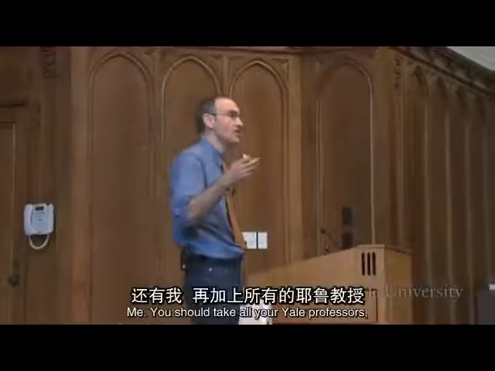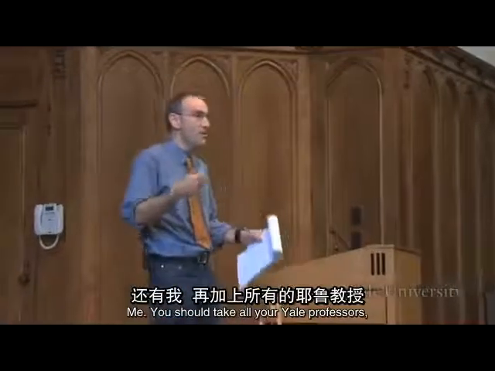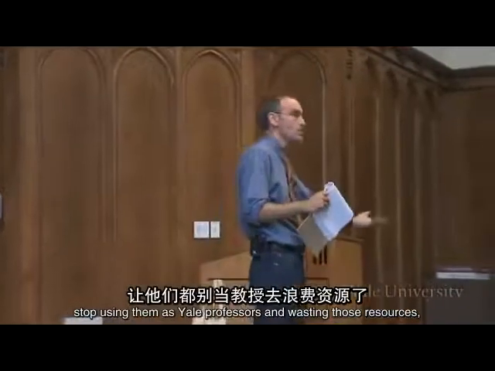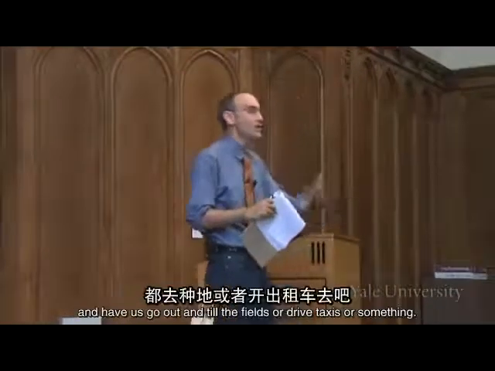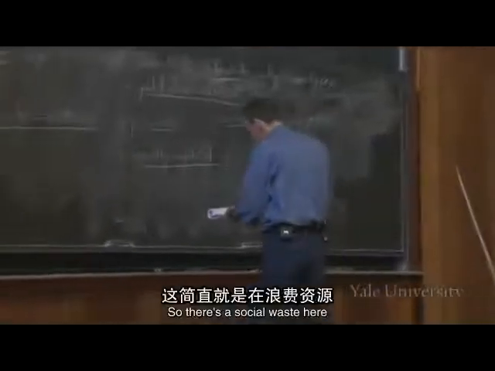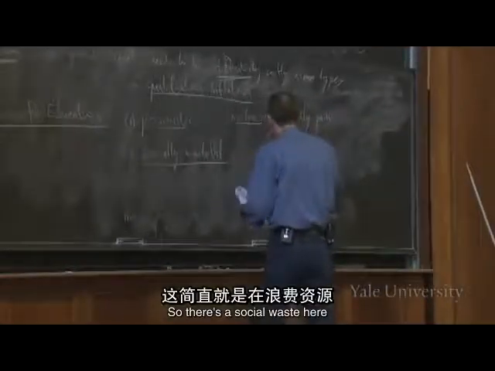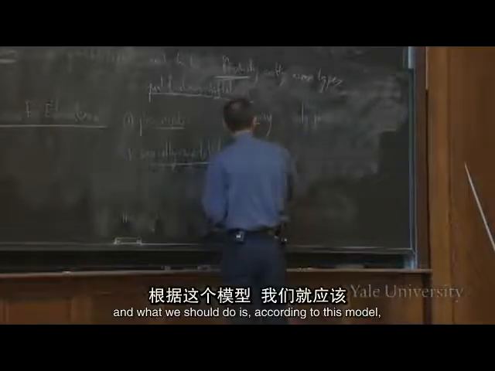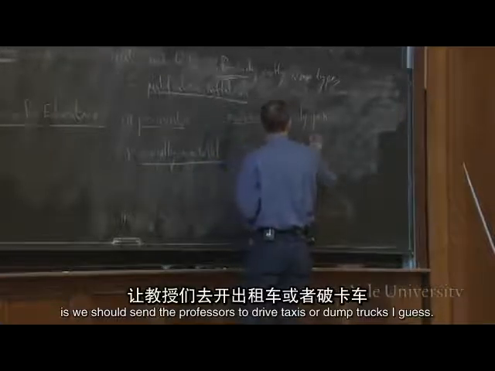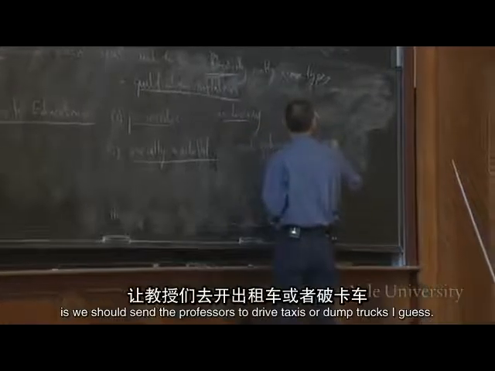And where else is the waste? Me, right? You should take all your Yale professors, stop using them as Yale professors and wasting those resources, and have us go out and till the fields. Or drive taxis or something. So there's a social waste here, right? And what we should do, according to this model, is send the professors to drive taxis.